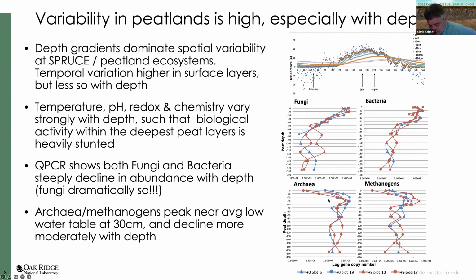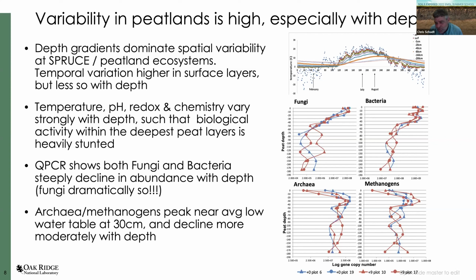Archaea and methanogens, on the other hand, seem to peak around the -30 to -40 centimeter depth within the bog. And this is the average water table, the average level to which the water table drops each summer on a natural basis before we started heating them.